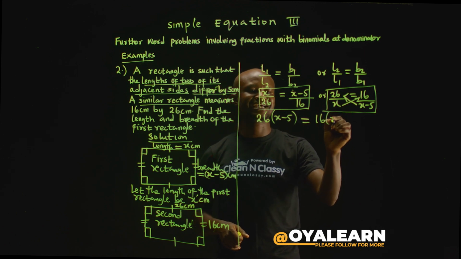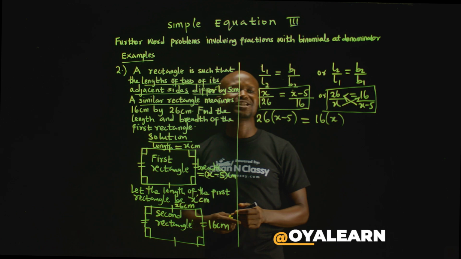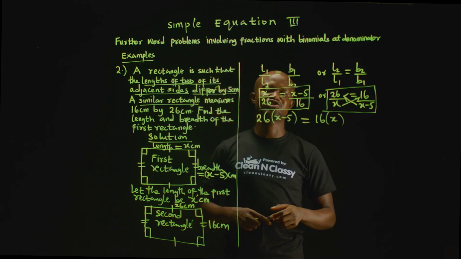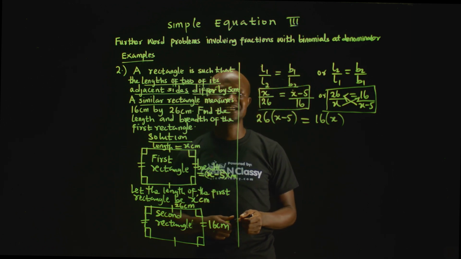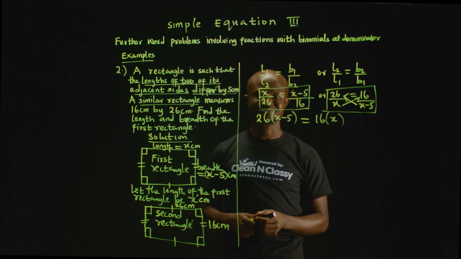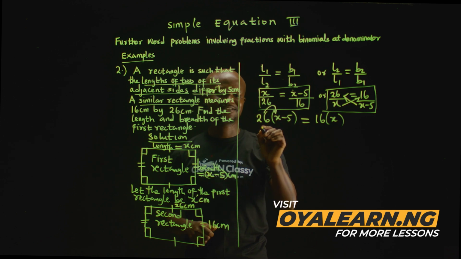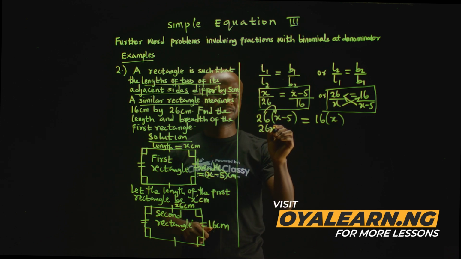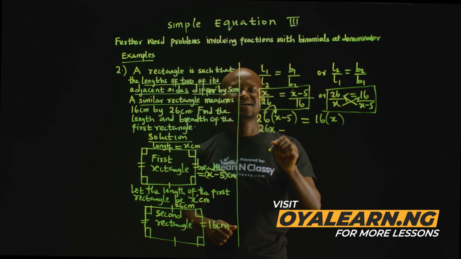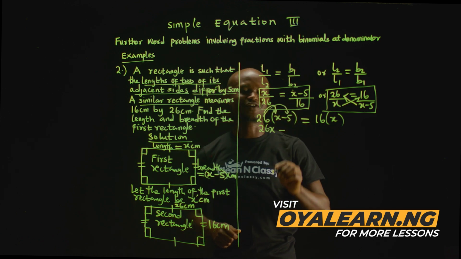The next thing for us to do is to expand the bracket. Expanding the bracket, 26 will multiply x, that is 26x. Now 26 will also multiply minus 5.